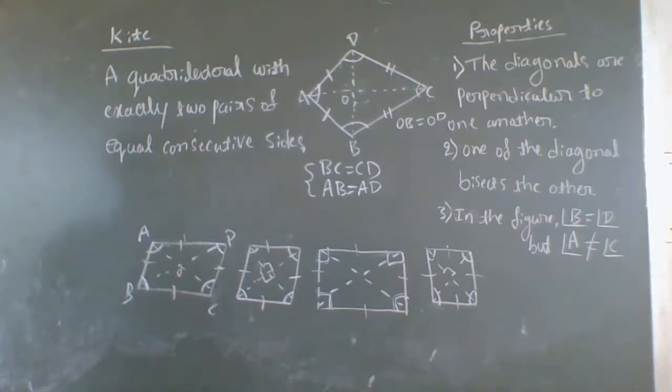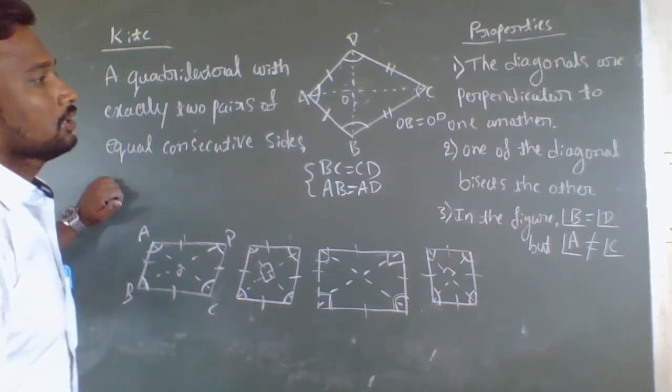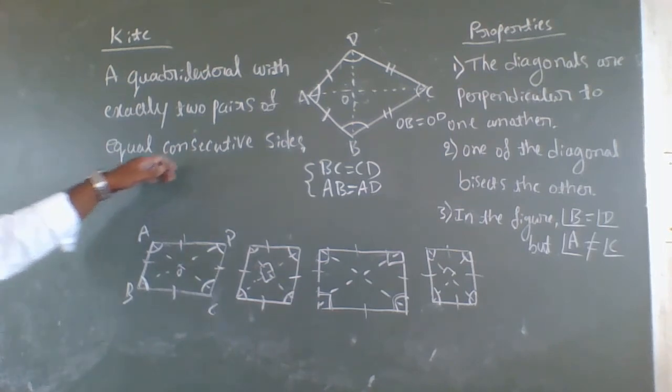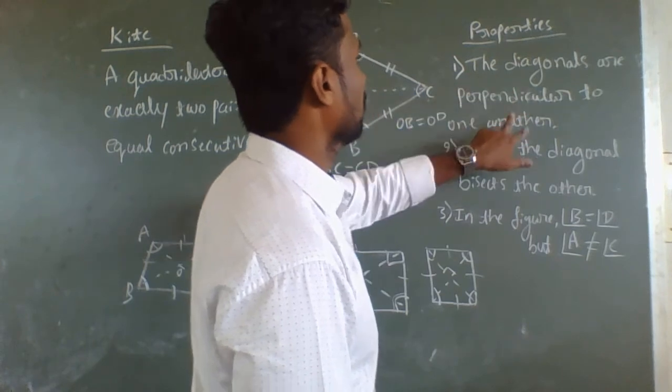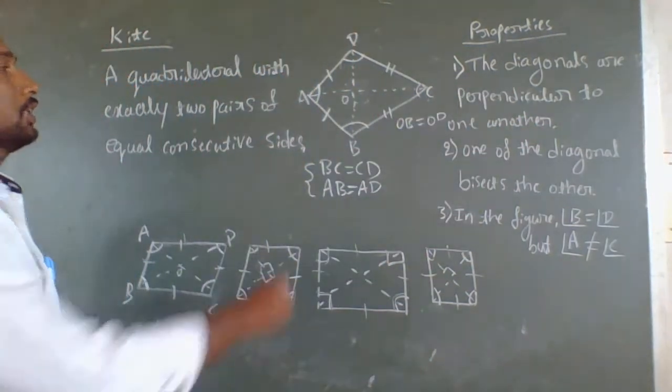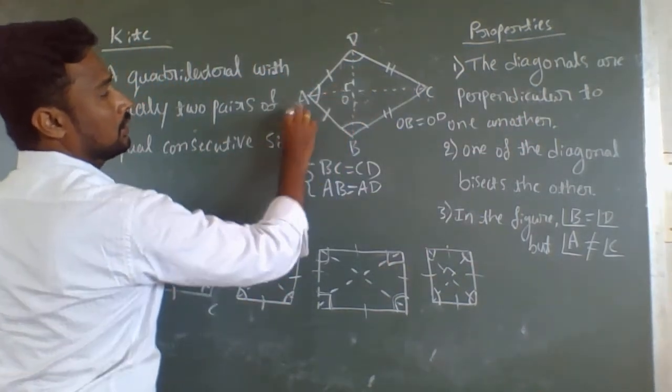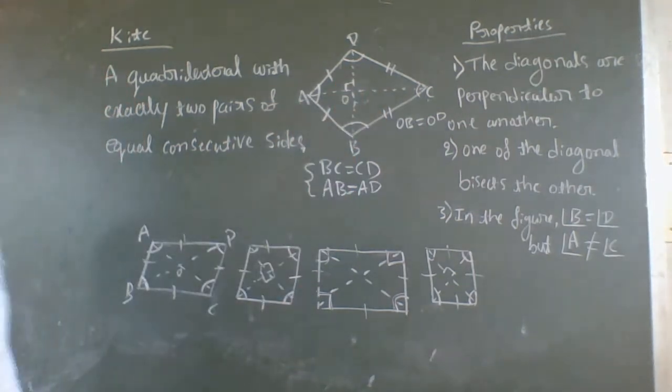These two pairs of sides are equal and consecutive. Consecutive means continuous. The properties of a kite are that the diagonals are perpendicular to one another, and one of the diagonals bisects the other.